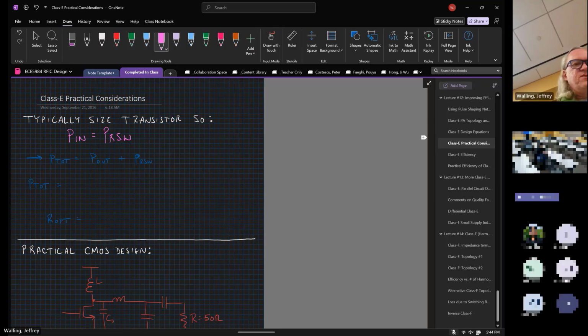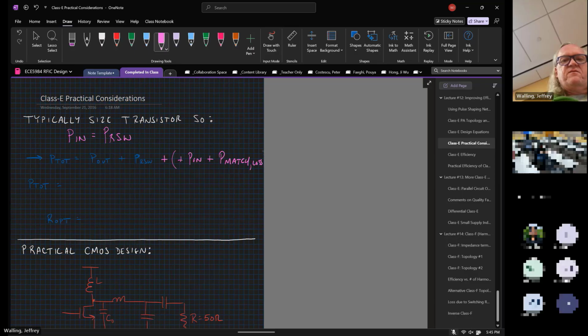All right, so the total power that this thing is going to consume is going to be the output power plus the conduction losses. And for simplicity, I'm going to omit other forms of loss, but technically I would also need to add in my input power and maybe my matching network losses, so power lost in the matching network.